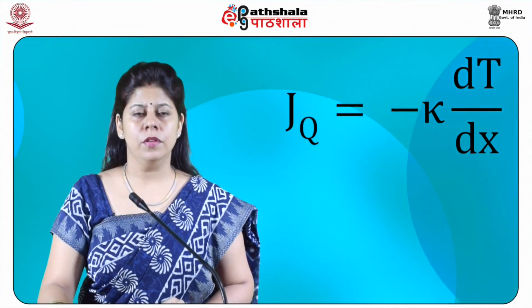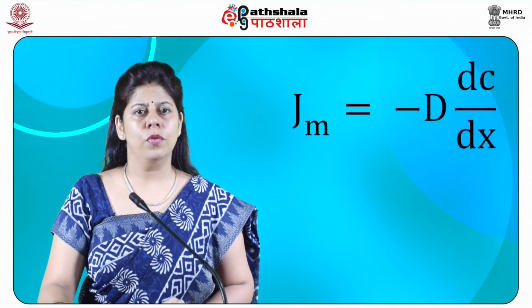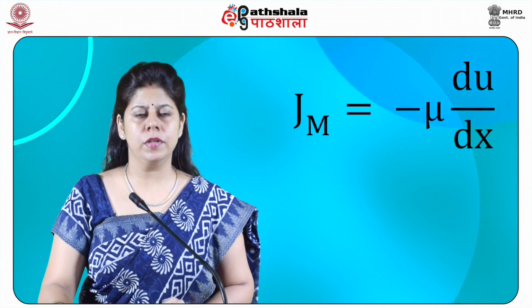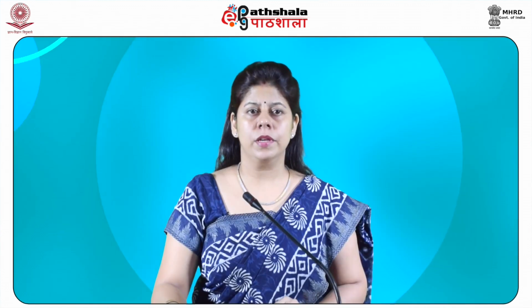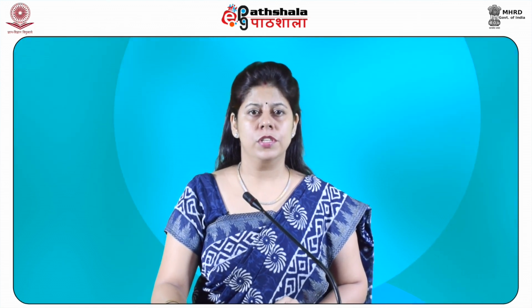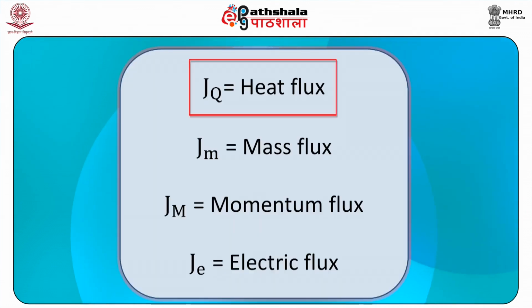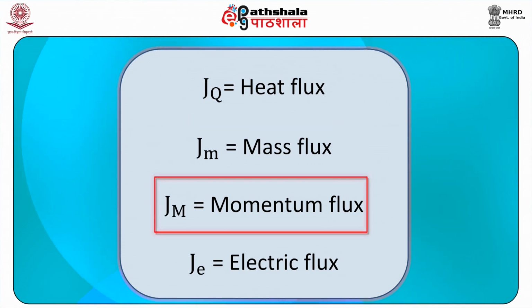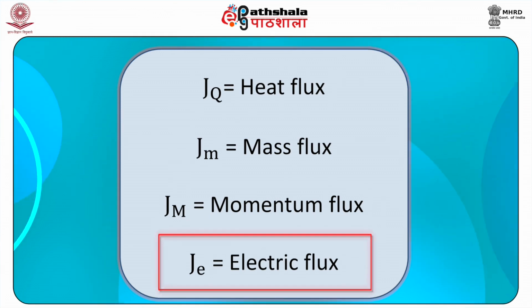For example, Fourier's law for heat transfer, Fick's law for mass transfer, Newton's law for momentum transfer, and Ohm's law for electricity flow. In all the equations, the Js represent the corresponding fluxes, that is, Jq is heat flux, Jm is mass flux, capital JM is momentum flux, and Je is the electrical flux.